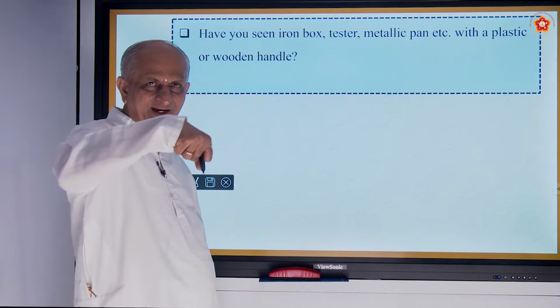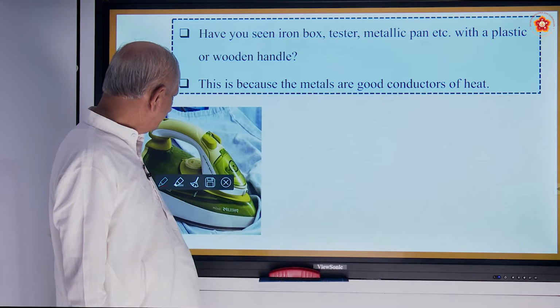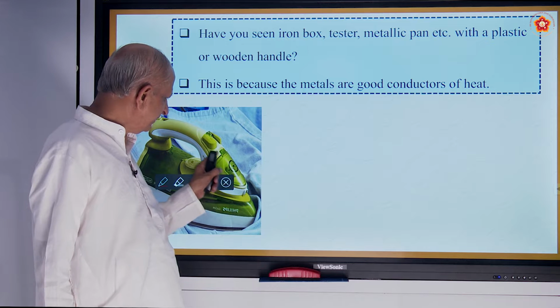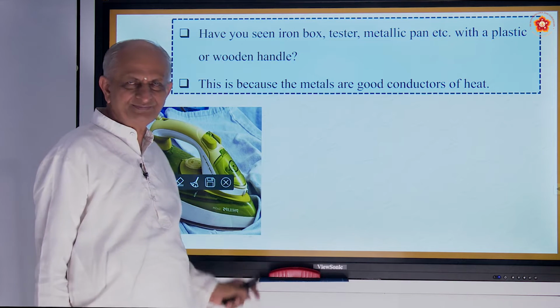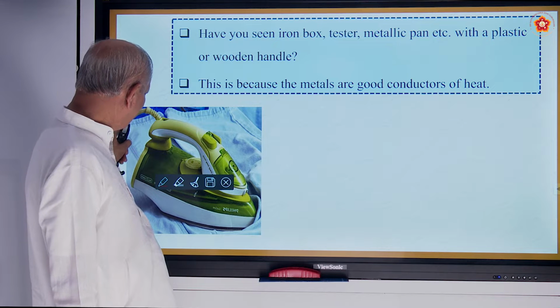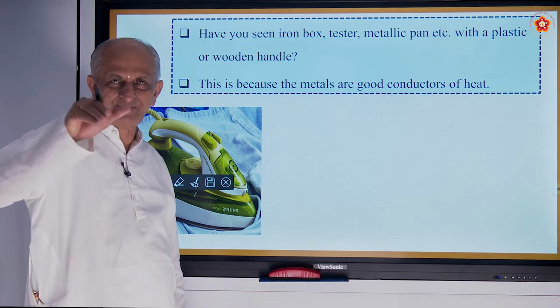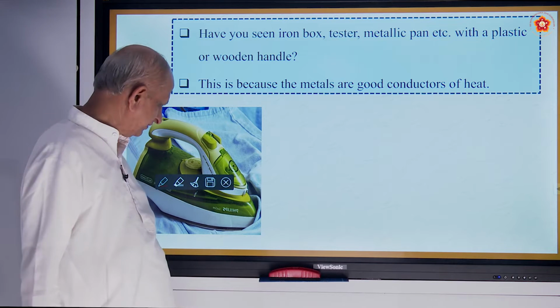And have you seen the handle of the iron box? The handle of the iron box is made up of plastic. Is it not? So this is what is called the cable wire, and this is called the regulator. That will be used for different clothes, different temperatures.